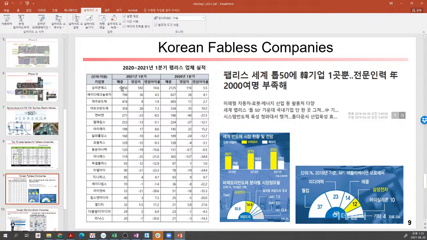So the circuit designer's role is becoming very critical, giving an edge to electronic companies like Samsung and Apple.